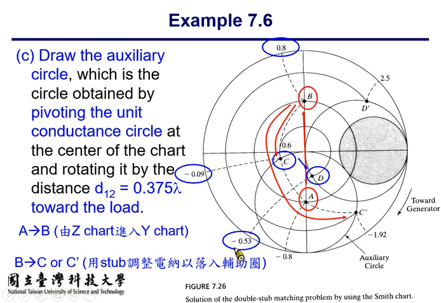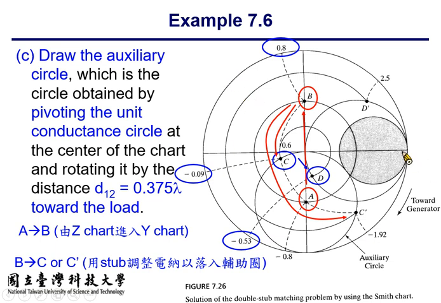0.53. And what is the length of short stub that can provide a susceptance of positive 0.53? Well, you're starting from the right end and you go and go. Probably it's somewhere on the second quadrant, right?